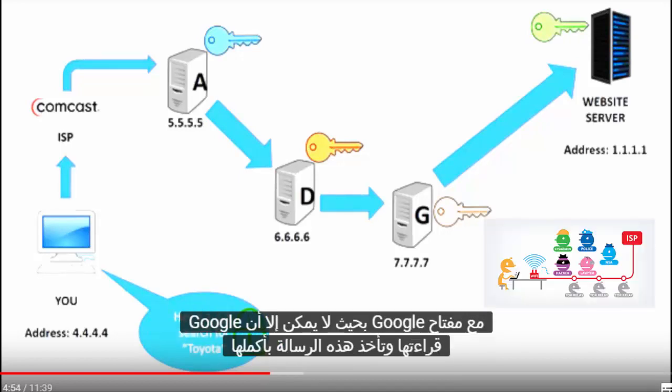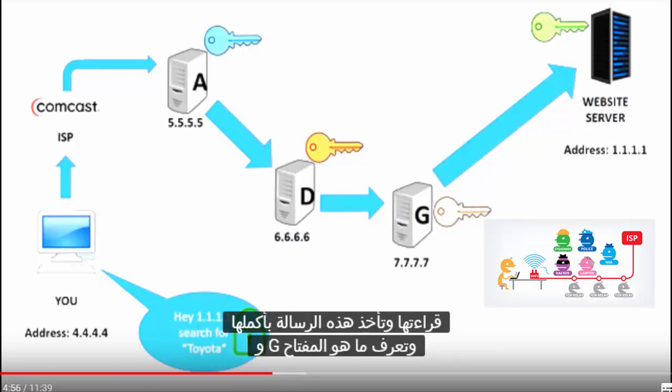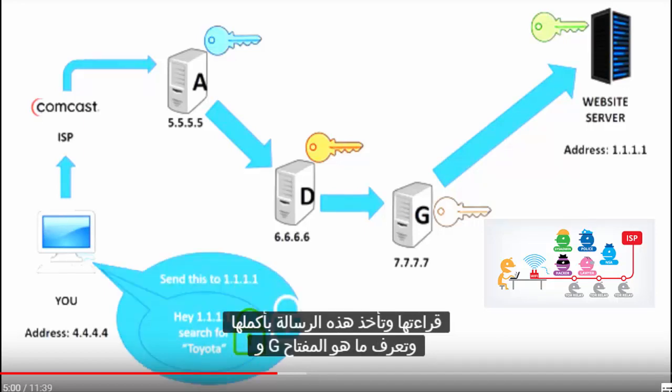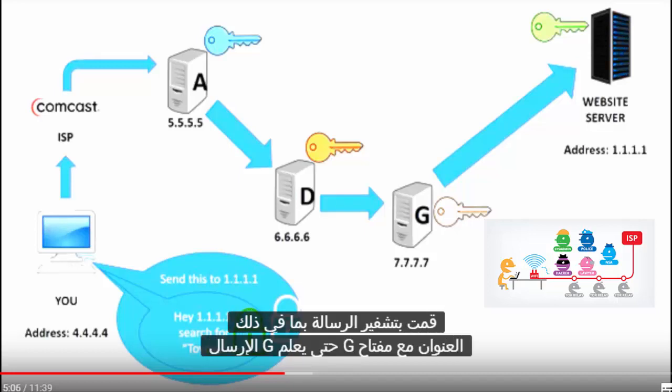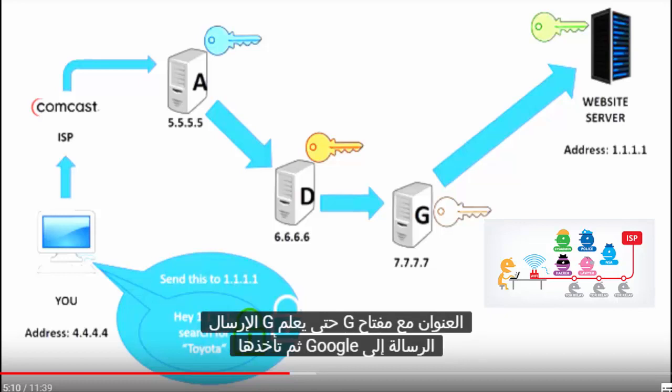And you take that whole message and you figure out what key G has, and you encrypt the message, including the address, with G's key. So G knows to send the message to Google.